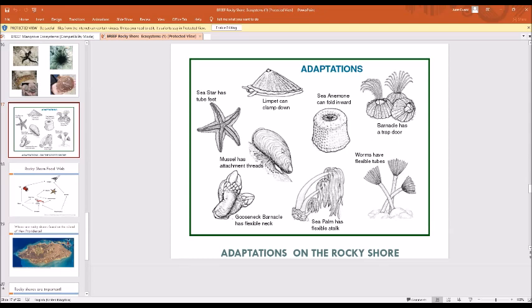A shell, as I said before, is going to protect them from sunlight and from certain predators. It's going to help them conserve water by preventing them from being dried out. Once these mollusks are inside their shells, that helps contain some of that moisture.